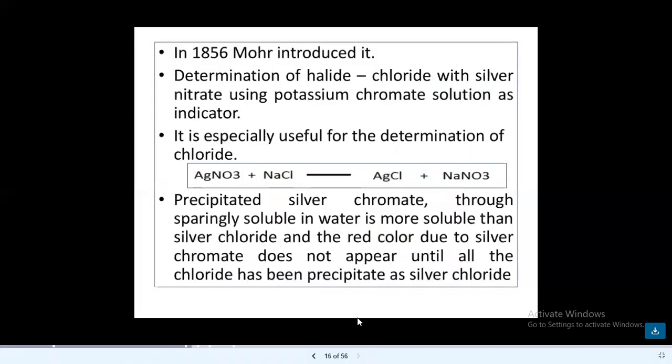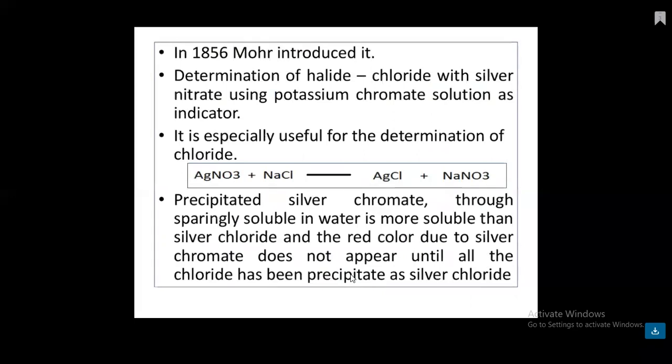In Mohr's method, basically we want to find out the concentration of different halides, chloride, bromide, iodide, and the pseudo halides. What are the pseudo halides? Pseudo halides also contain a single negative charge in their oxidation state. So cyanides and thiocyanides can also be quantified with the help of Mohr's, Fajan's, or Volhard's method.